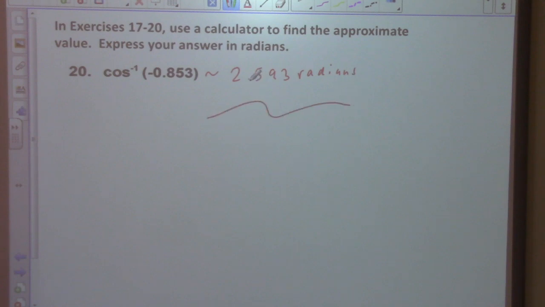And why did I know that? Because I know that cosine of negative 1 is how many radians? Pi radians. Okay.